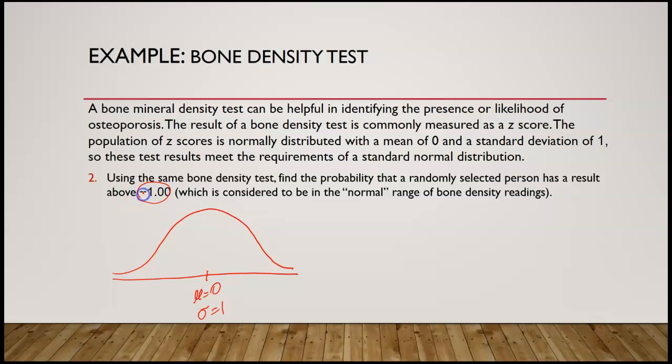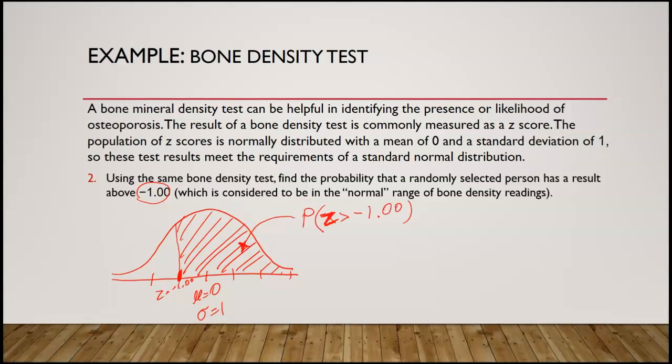Z-score of negative 1.0 is located right here, z negative 1.0. And we are looking for probability greater than negative 1.0. Greater is located to the right of negative 1.0, so this will be the probability or the area that we will be looking for.